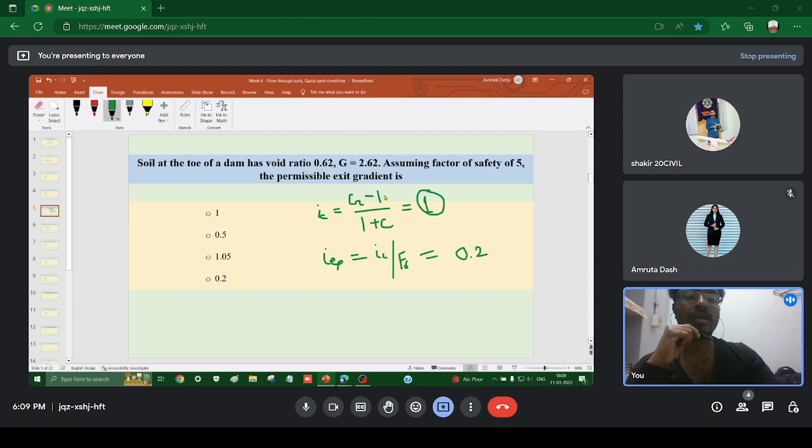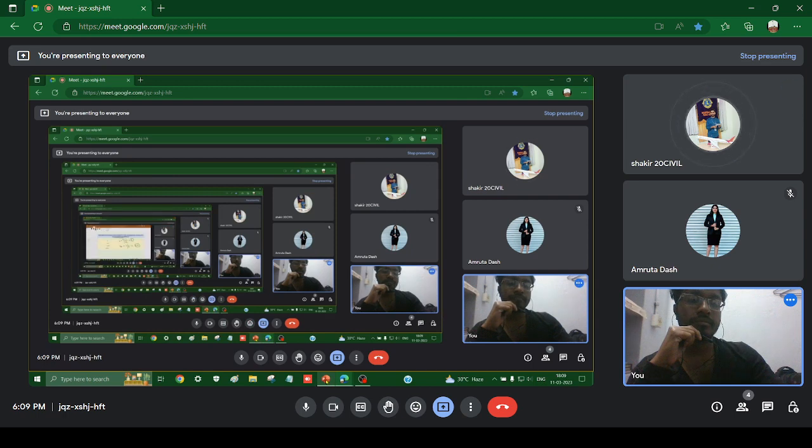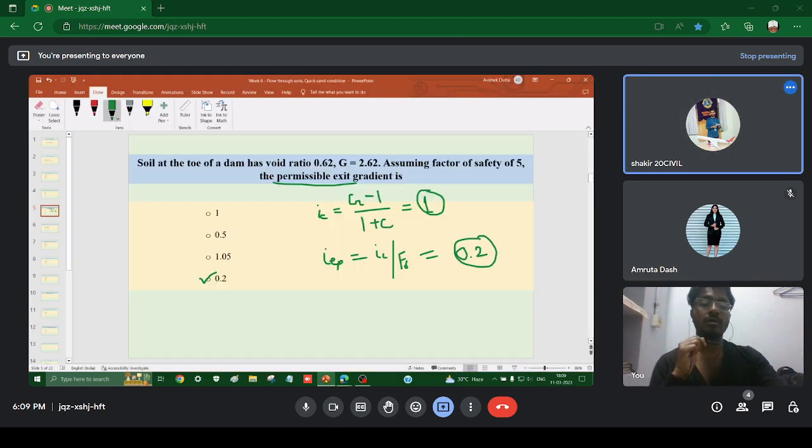So to keep it much less than 1, I am assuming a factor of safety of 5, with which I'll get the permissible exit gradient of 0.2, which is much less than 1. With this value, there is minimum chance of piping failure. Clear? Is it clear, everyone? Yes, sir. So the answer is 0.2.